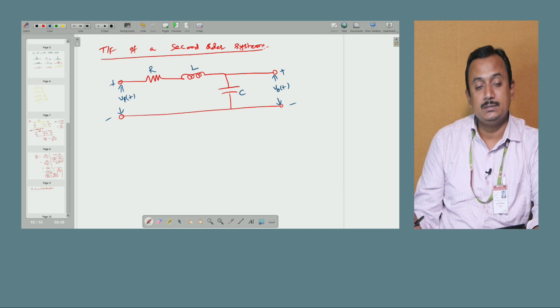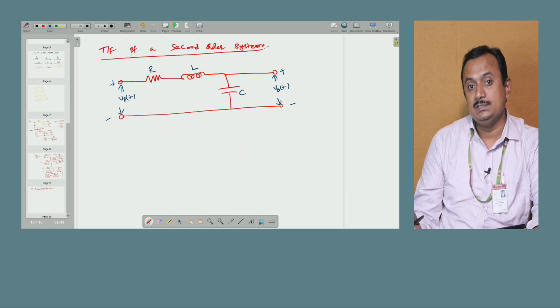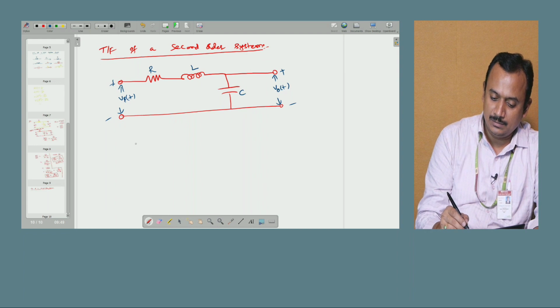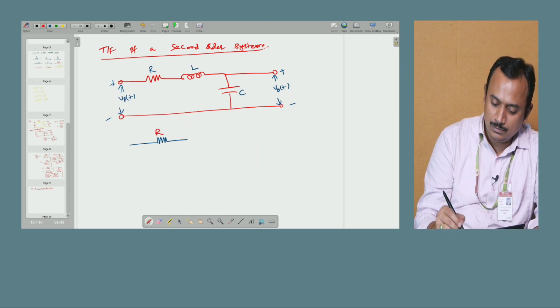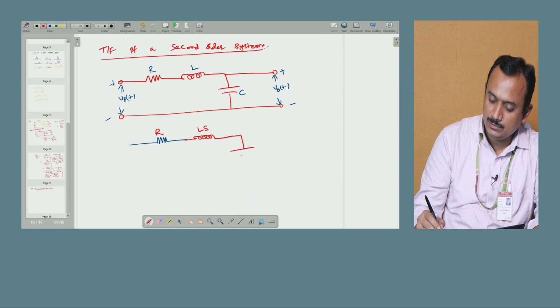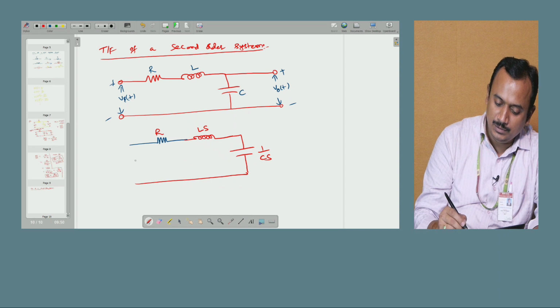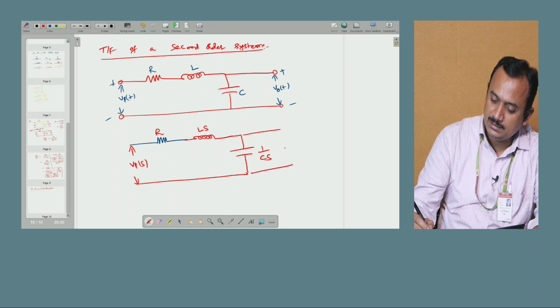We need to replace the given circuit with its equivalent Laplace transform circuit. So for that, the Laplace transform of R is R only, the Laplace transform of inductance is L into S, and the Laplace transform of capacitance is 1 by Cs, and the input is Vi of S, and the output we are considering across the capacitor, that is V naught of S.